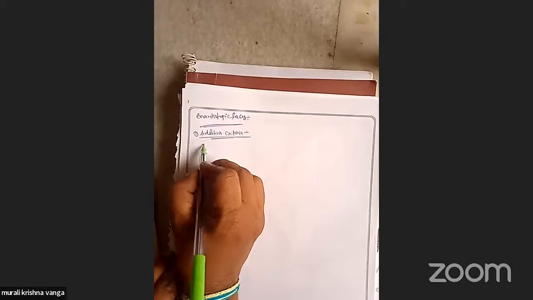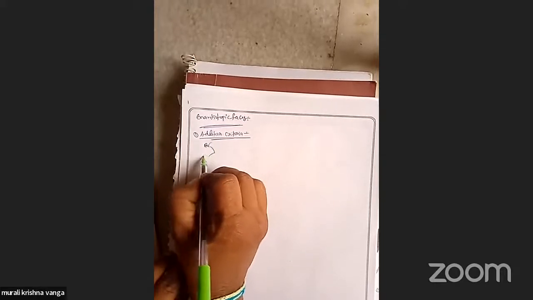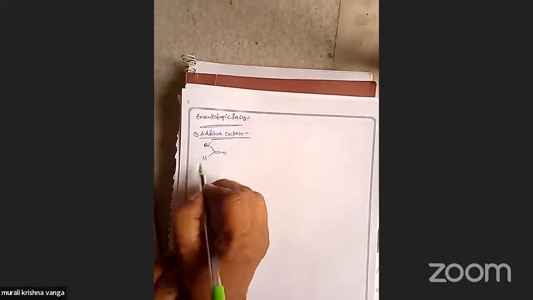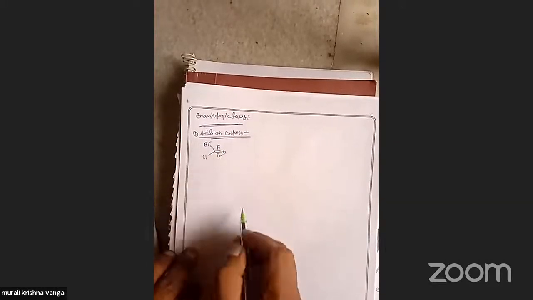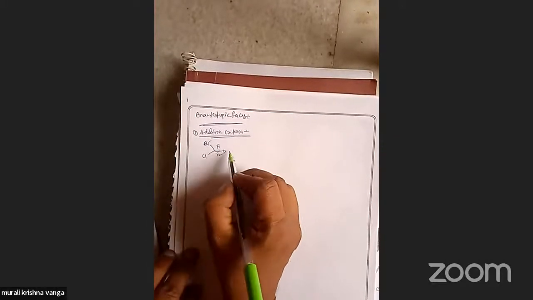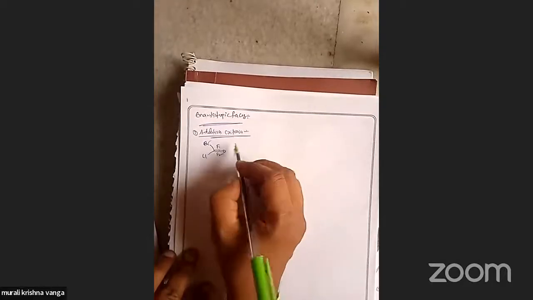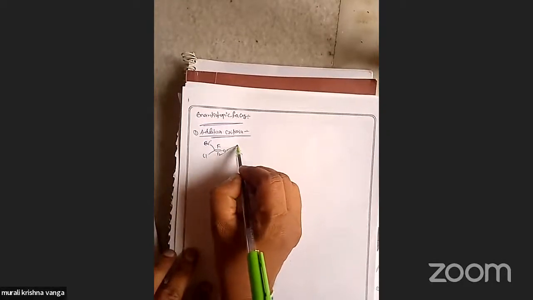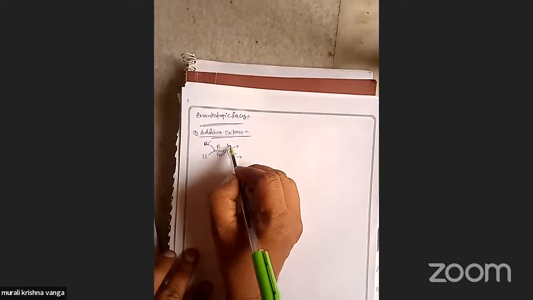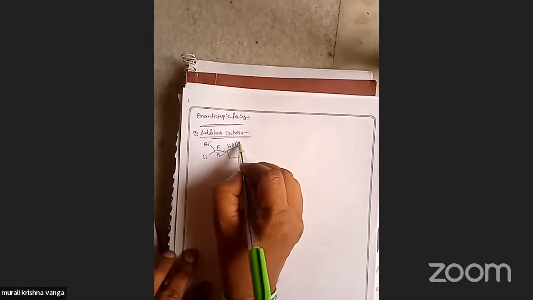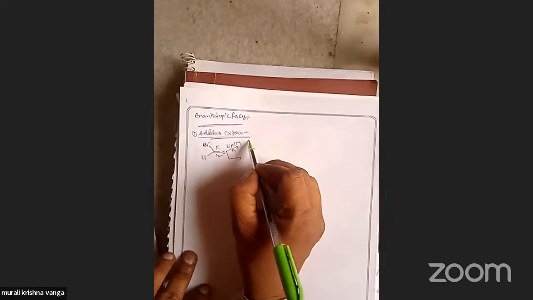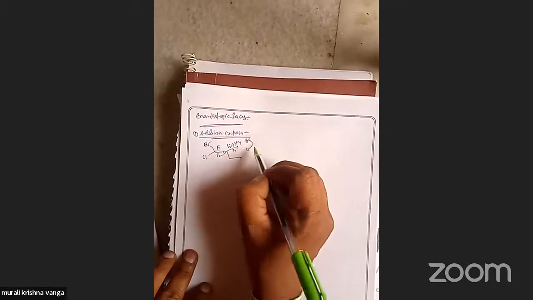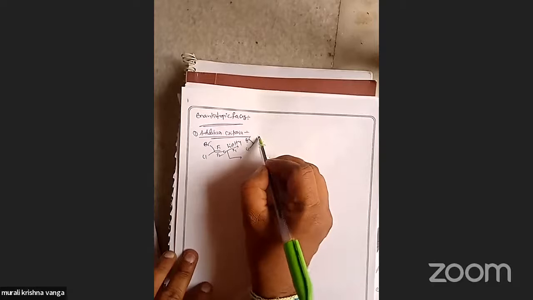I have taken one of the compounds here. This compound has face 1 and face 2, the up face and down face, and when it undergoes addition reaction with lithium aluminum hydride, from the F1 side: bromine, chlorine, hydrogen, OH.